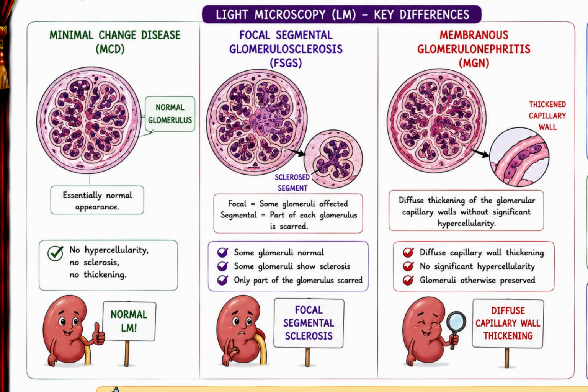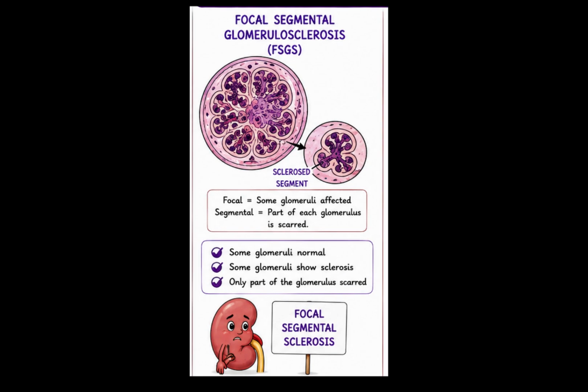On light microscopy, the differences are straightforward. MCD has essentially normal glomeruli. FSGS demonstrates focal segmental glomerulosclerosis. Remember, focal means some glomeruli are affected, and segmental means only part of each affected glomerulus is scarred.